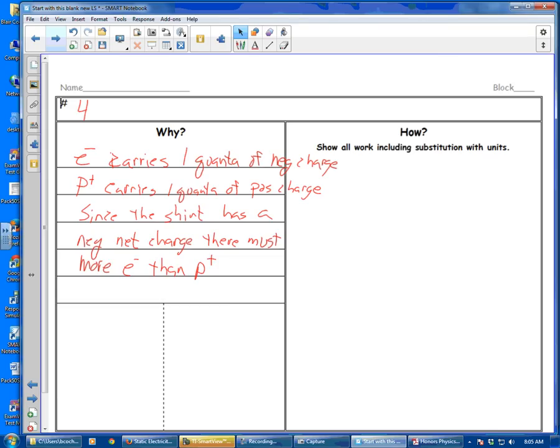I mean, the last one you could put in there is that the protons and electrons have different amounts of mass. I don't think you really need it.